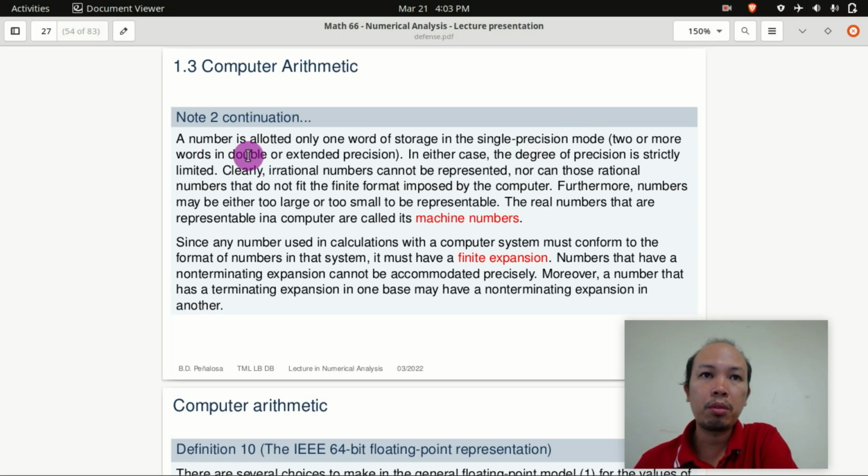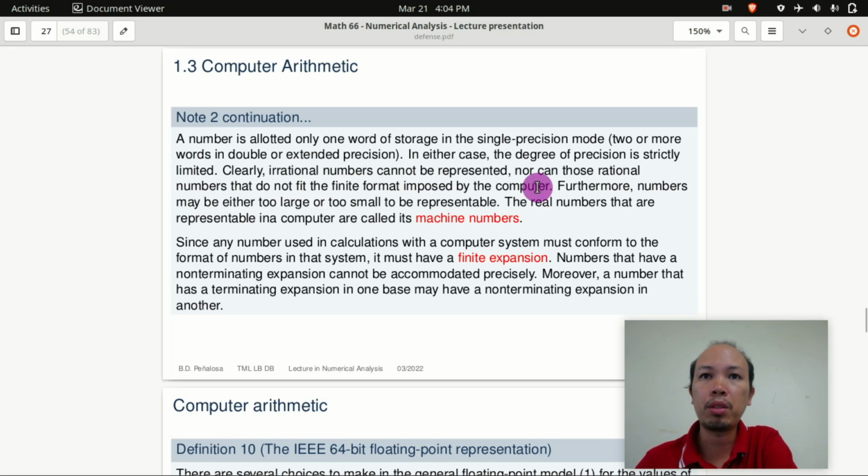There are other OS types in existence today. Anyway, the most common is the double precision mode, which is a 64-bit operating system. In either case, the degree of precision is strictly limited. Clearly, irrational numbers cannot be represented, nor can those rational numbers that do not fit the finite format imposed by the computer.